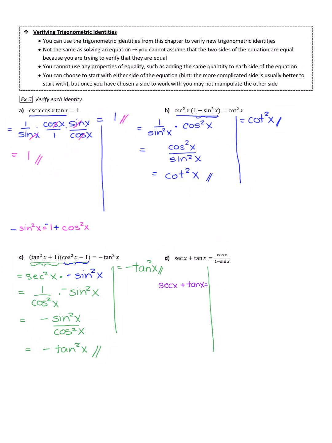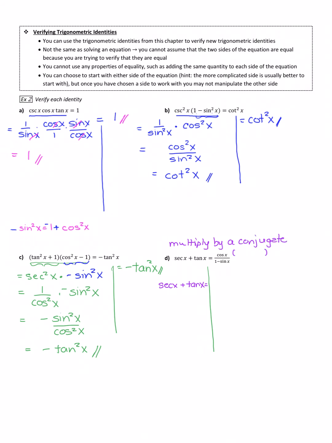Anytime you see 1 minus a sine, 1 minus cosine, 1 minus tan, anything like that, there's no square, so you can't use your Pythagorean identity yet. So what you do want to do is multiply by a conjugate. That's the strategy we're going to employ here.